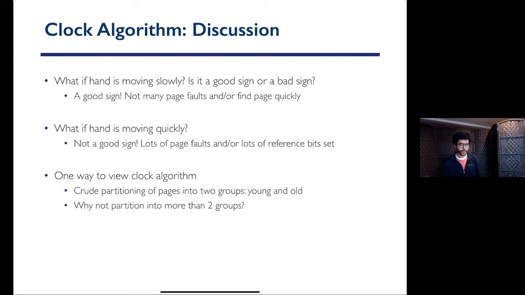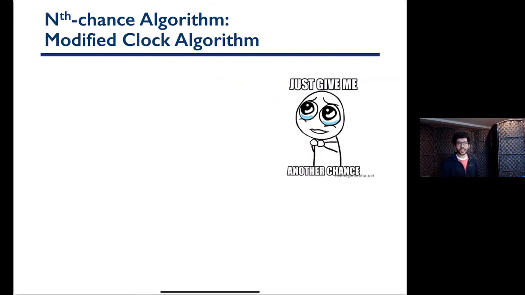Now, one way of looking at this clock algorithm, as I said, is as if we're partitioning our pages into 2 groups. You don't necessarily need to stay with 2 groups. You can partition your pages into more than 2 groups. So instead of having a single bit, 0 and 1, you could have multiple options. This is where the nth chance algorithm comes in.